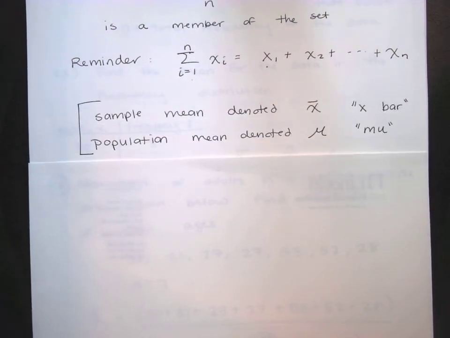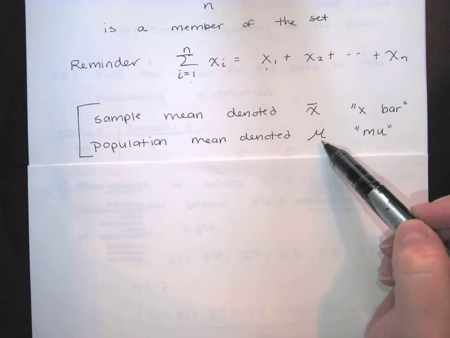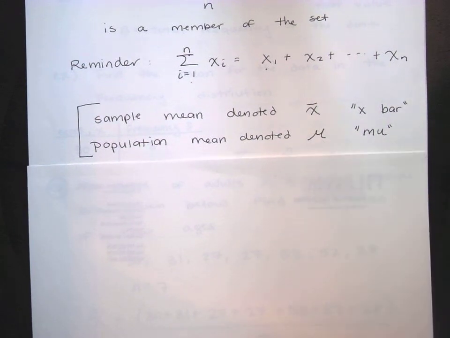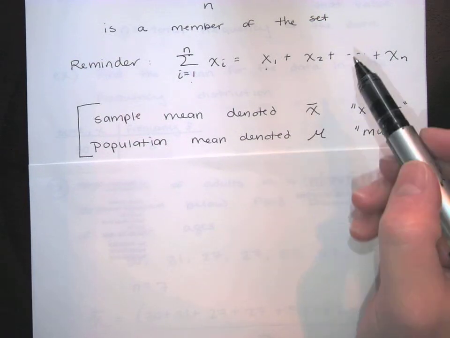In the coming sections, it's going to be important to note the difference in these 2 means. A sample mean, remember from 12.1, a sample is a subset of the population that you're interested in. The sample mean is going to be noted with an x and a bar over it, and we pronounce it x bar. And the population mean is going to be denoted mu. So if you actually know the average height for your whole entire population, you would use mu.